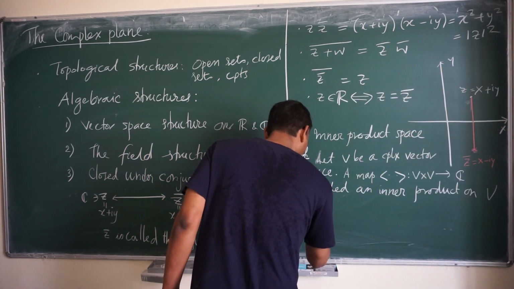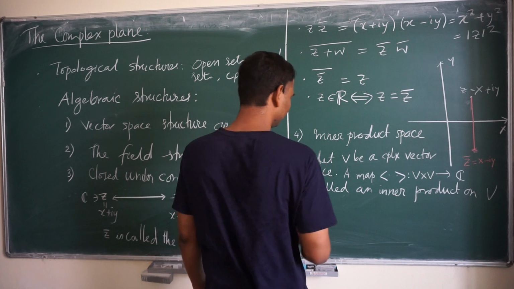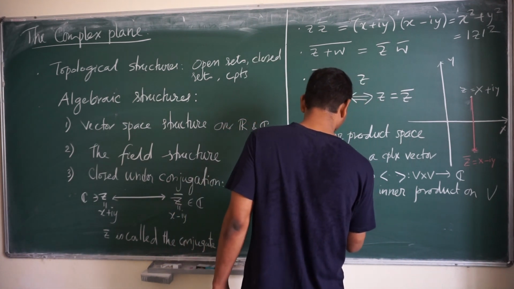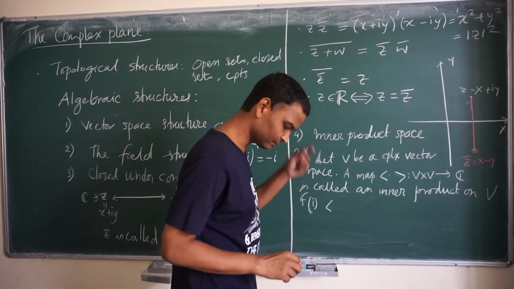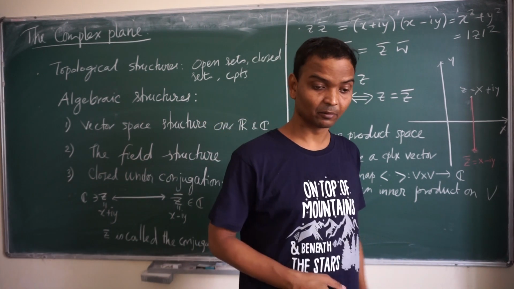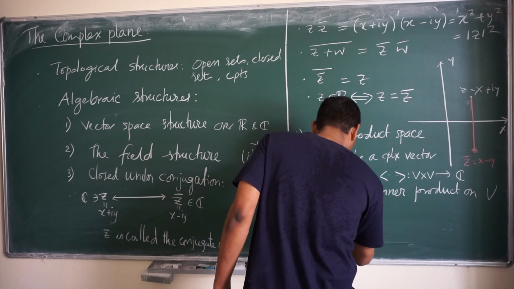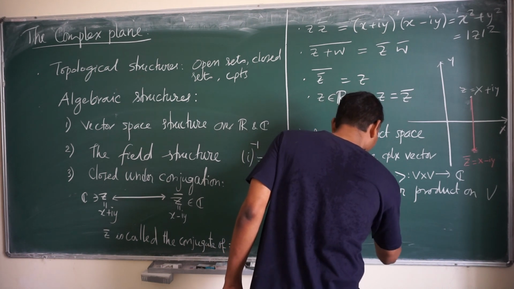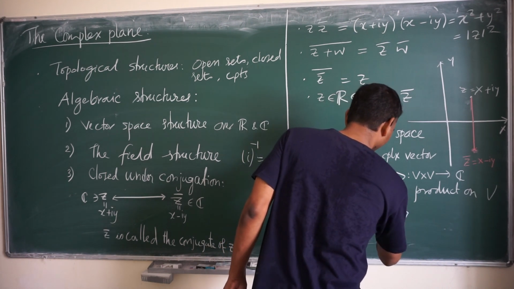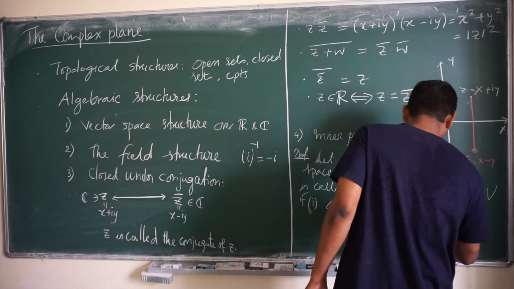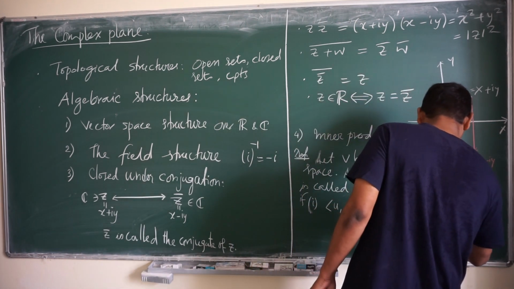What should be the properties? One: u comma v is equal to v comma u conjugate. So this is not symmetric, this is conjugate symmetric.